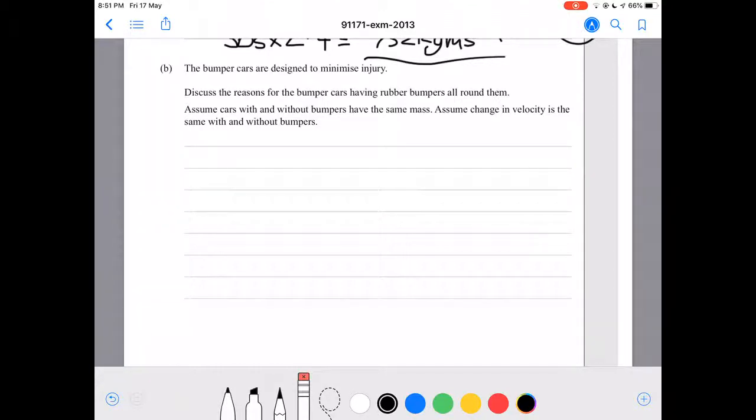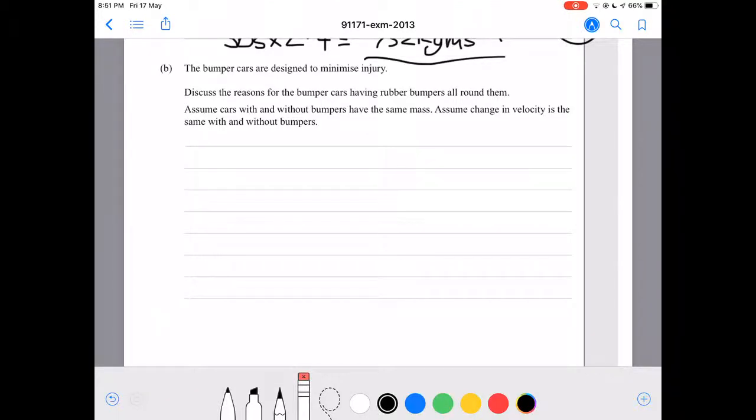Okay, so when a car has a rubber bumper, that means its rubber bumper is soft. It's more able to be compressed due to a force. So, for example, Jason has a collision with another object. During the collision, the rubber bumper is going to compress, and this actually increases the stopping time of the bumper car.